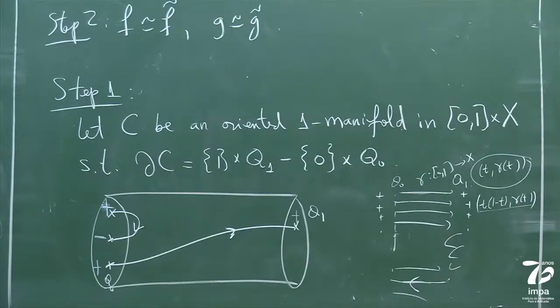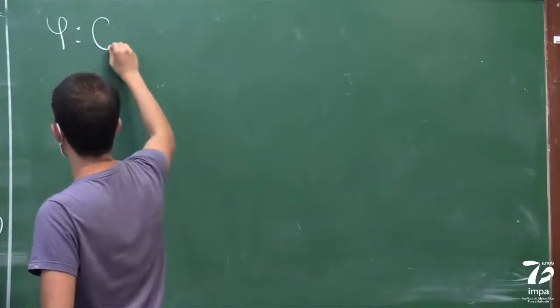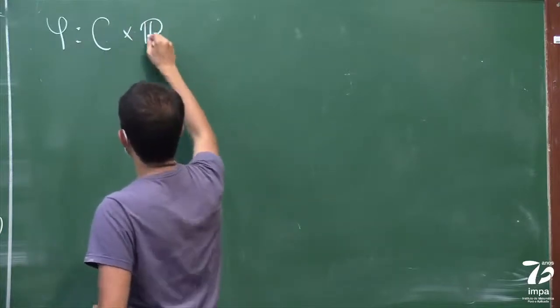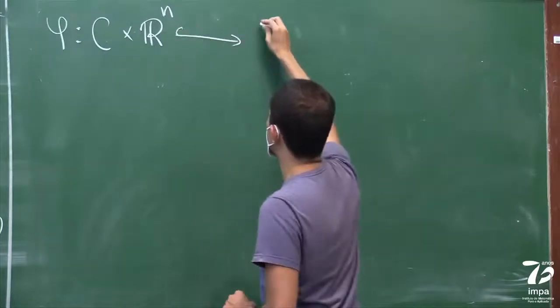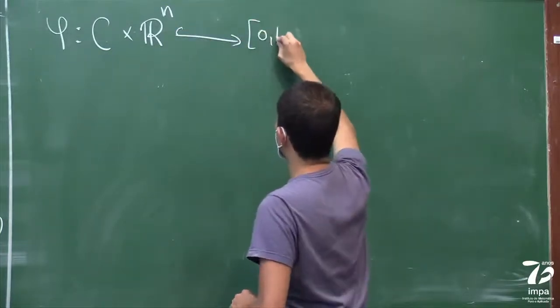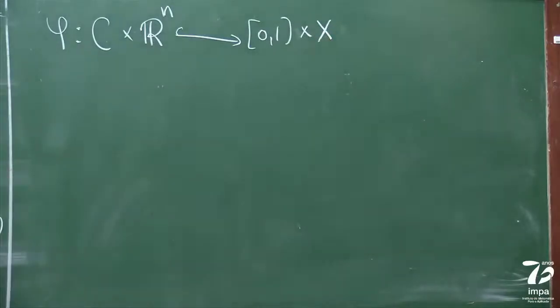And now we're going to use a version of the tubular neighborhood theorem. So what we're going to do now is construct a map that goes from C times R^n into, actually an embedding into, [0, 1] times X. That's basically thickening.